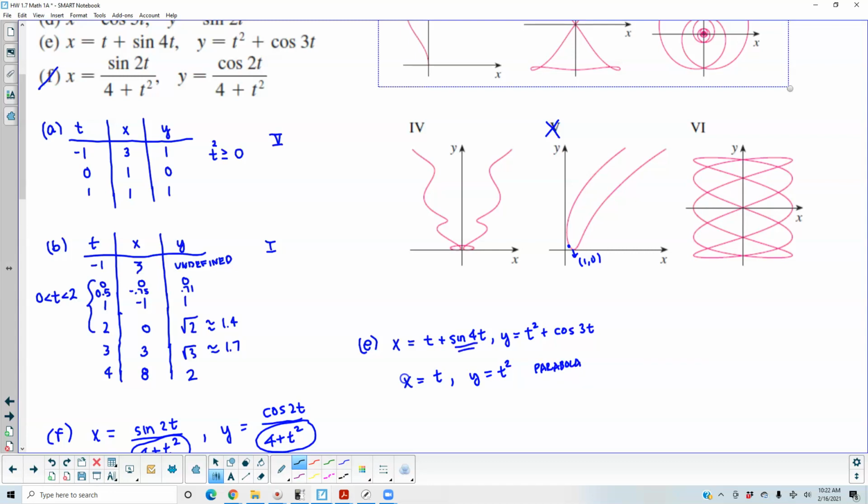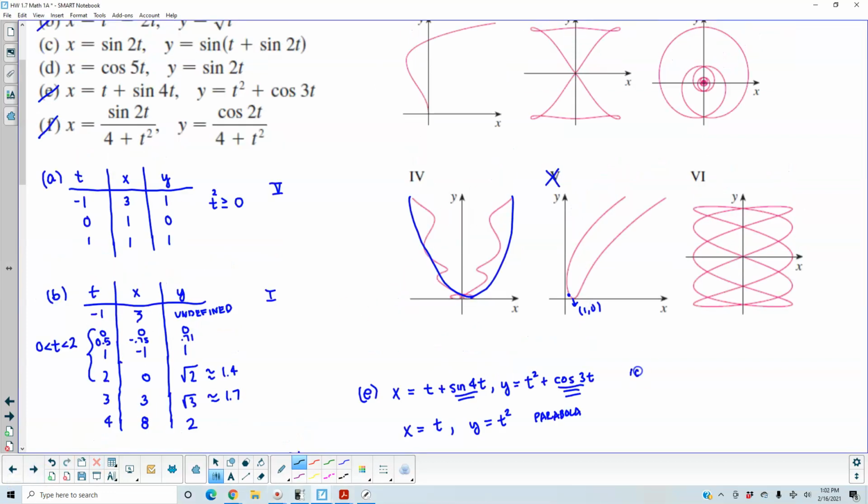And then when I add the trig elements to it, that means it's going to increase and decrease, increase and decrease. Well, if we look at number 4, this forms somewhat of a parabola, right? And then you can see how it's increasing, decreasing, increasing, decreasing. So then we can say that E matches with number 4.